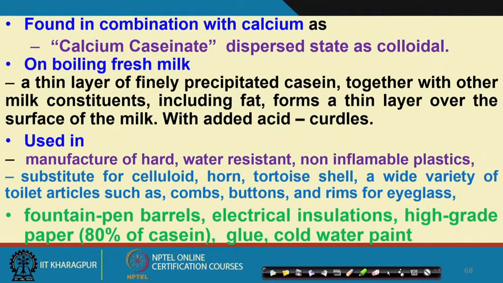On boiling fresh milk, a thin layer of finely precipitated casein together with other milk constituents including fat forms a thin layer over the surface of the milk. With added acid it curdles. This we said also earlier, when you are boiling milk, the casein or the protein, both soluble and insoluble, because at high temperature the whey protein also becomes insoluble.